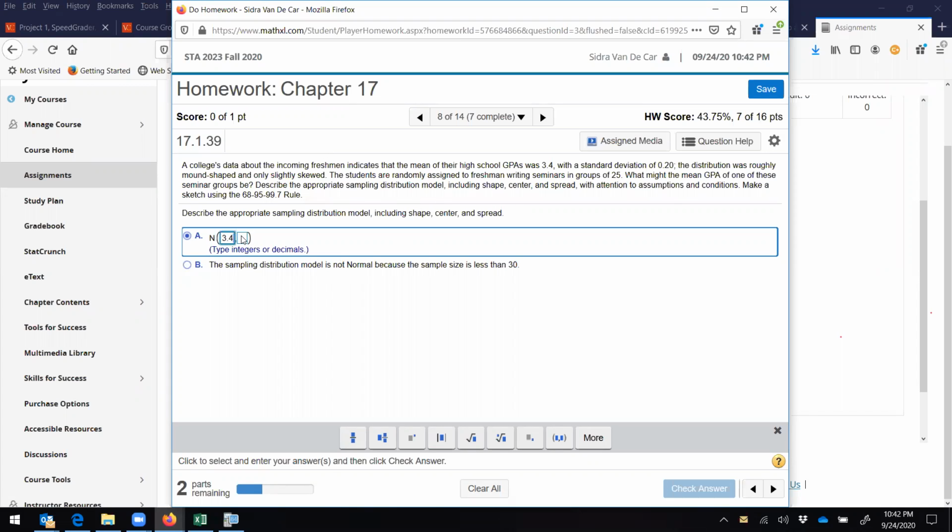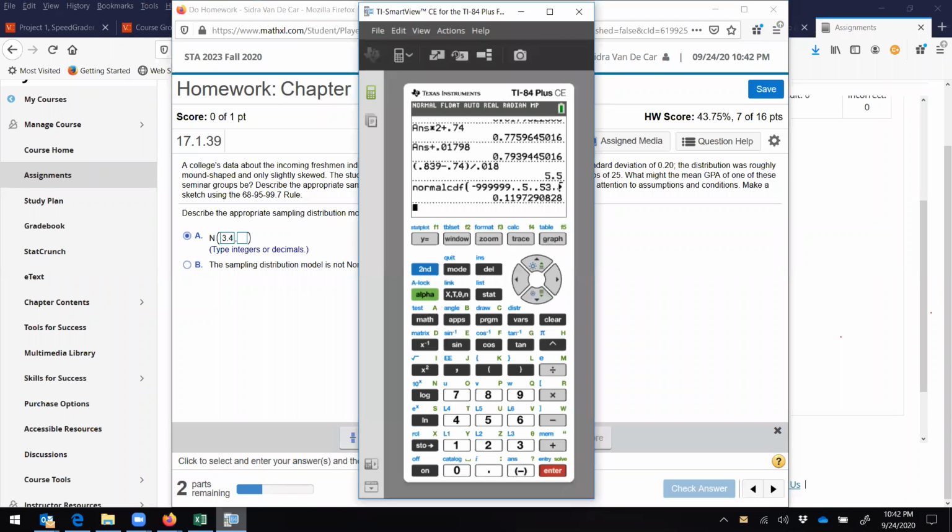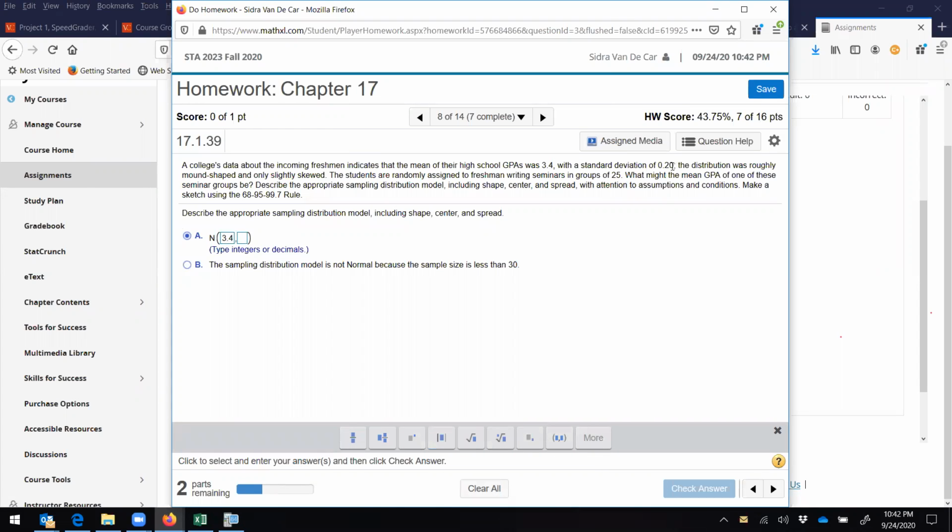And our standard deviation would be the standard deviation, 0.2, divided by the square root of 25. So that would be 0.04.